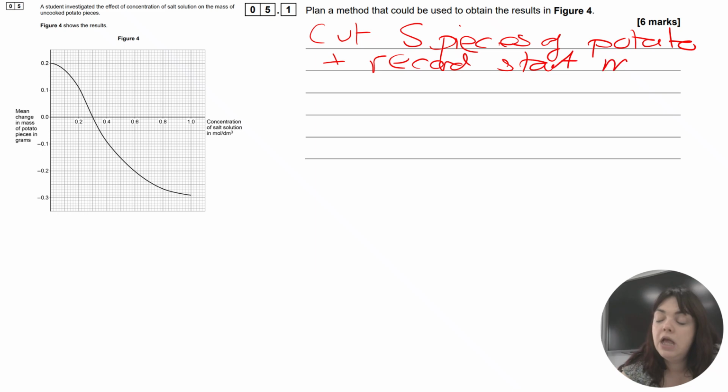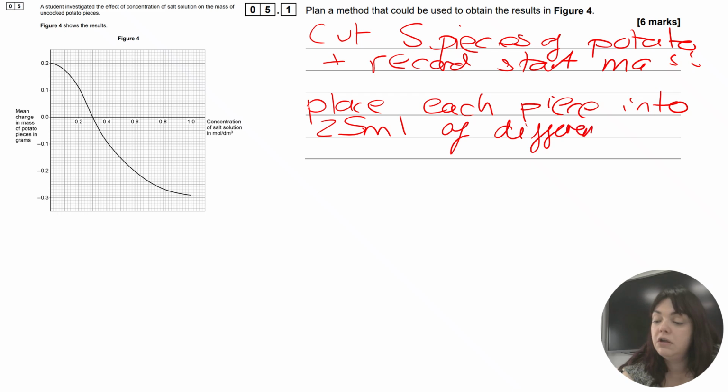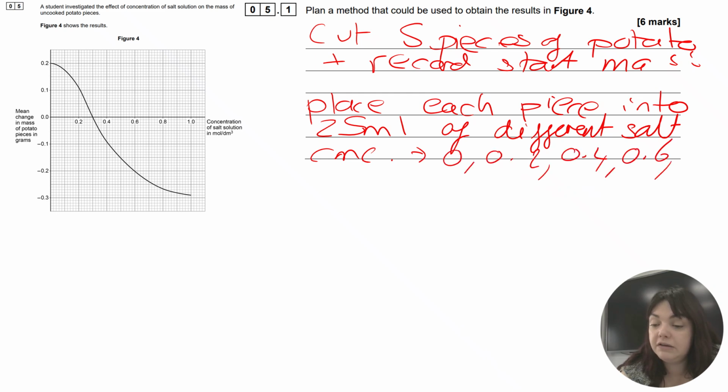You're then going to place each piece into, and we'll say 25 mils, because it's always nice to put volume, of different salt concentrations, and then we will say 0, 0.2, 0.4, 0.6, 0.8, and 1.